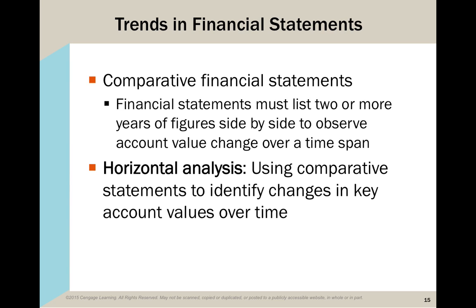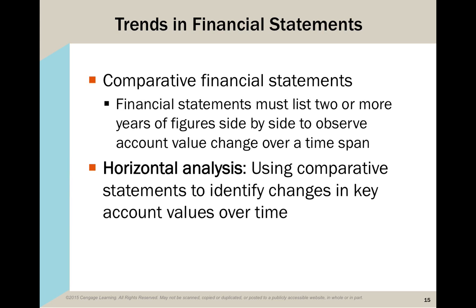A horizontal analysis uses comparative statements to identify changes in key account values over time. So this may include your cash reserves may change, and you'll want to look at specific accounts.